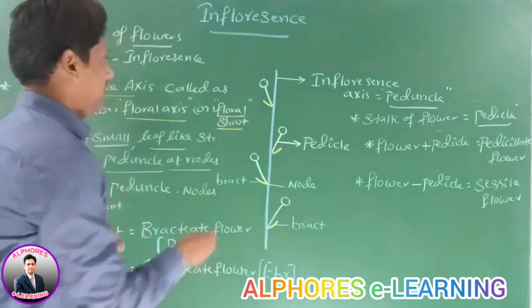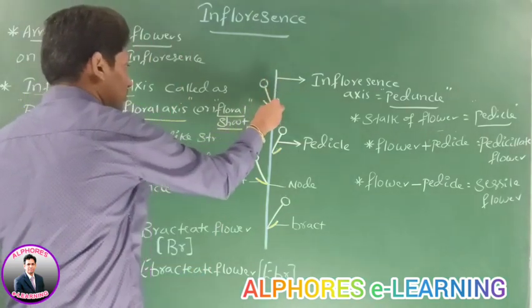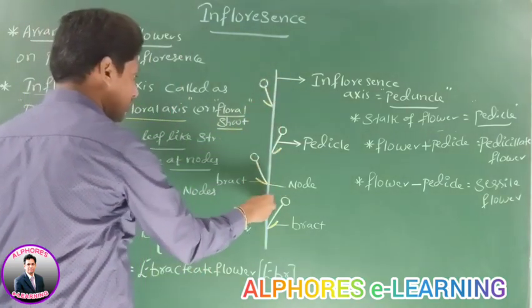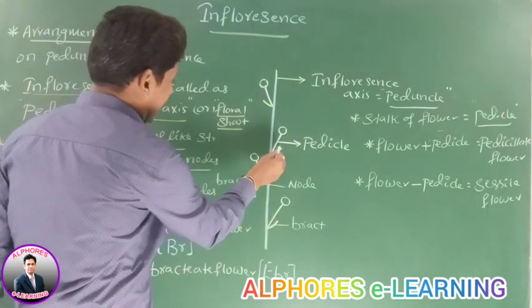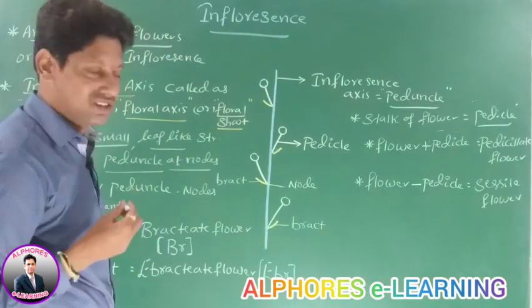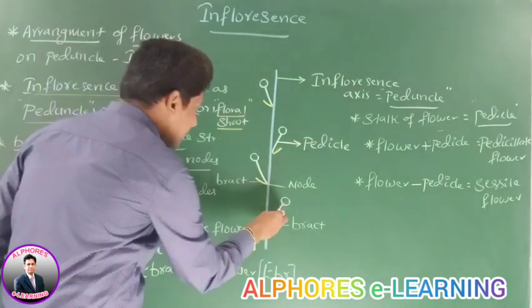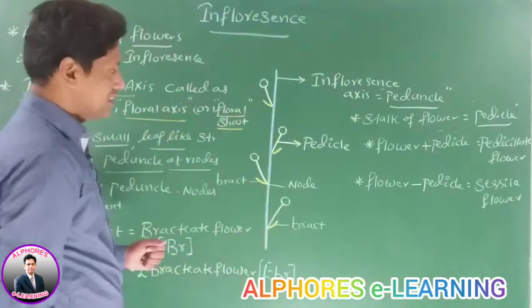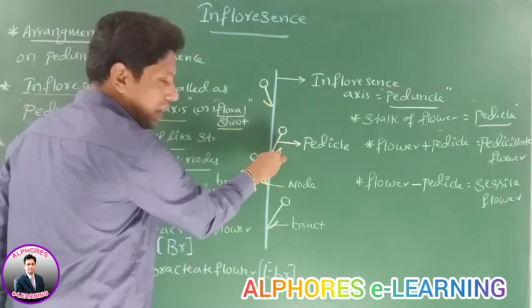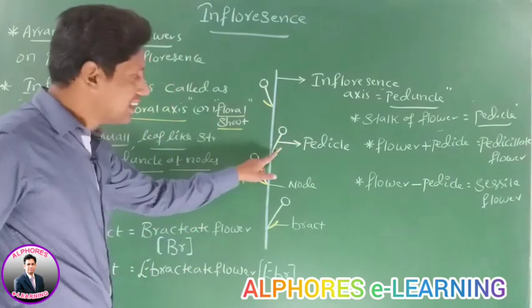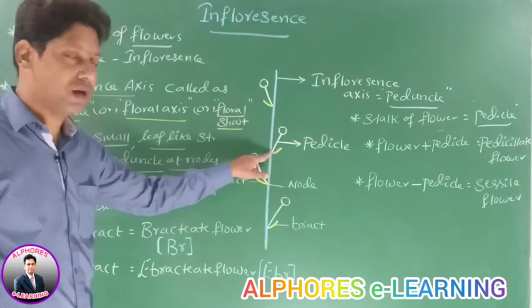Now, listen to this statement. Sir, what is this one? This is a peduncle. What are these yellow ones, sir? Bracts. These yellow ones are bracts, right? Then what is this white line, sir? This is nothing but pedicel, yes or no? Now you see, sir, this is pedicel, this is bract. It means bract is present at the base of the pedicel.